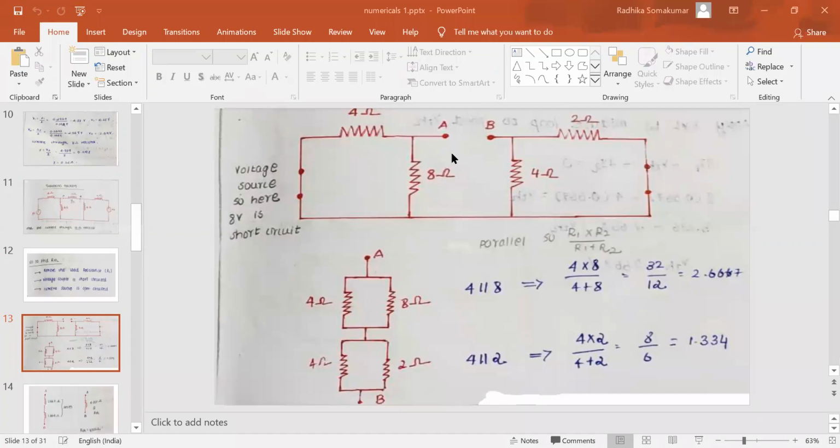First, we shall calculate the Thevenin resistance. To do that, first short circuit the voltage sources. You don't have any current source over here, so no open circuit will come, only short circuit the voltage sources. That has been done over here.